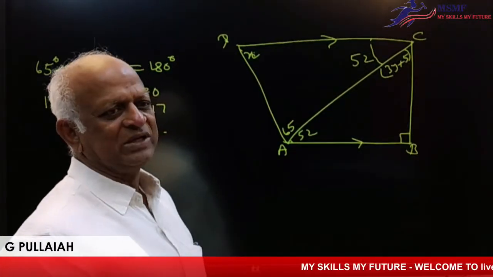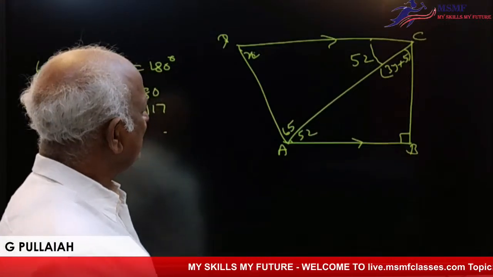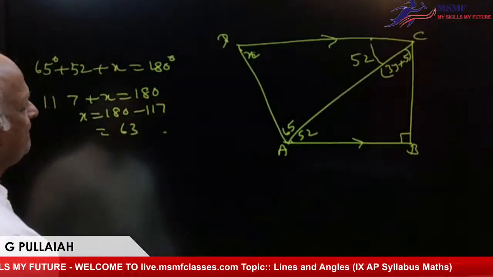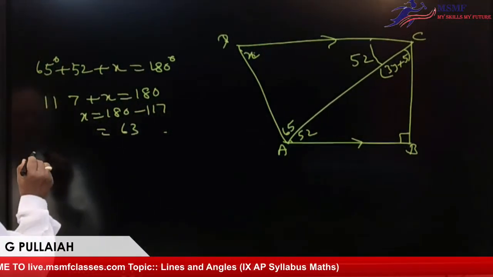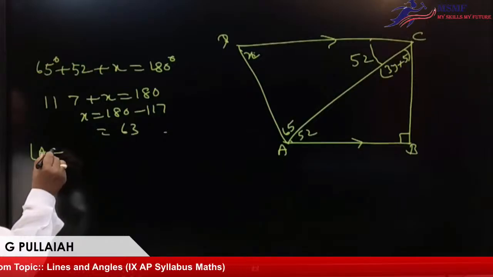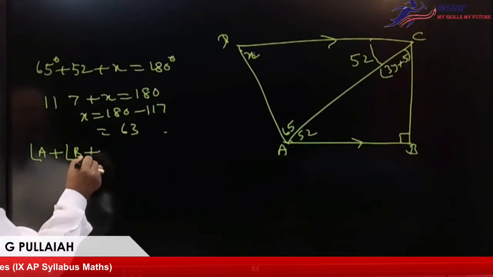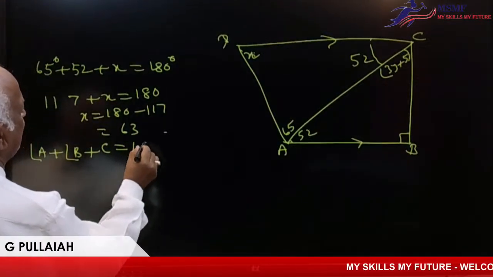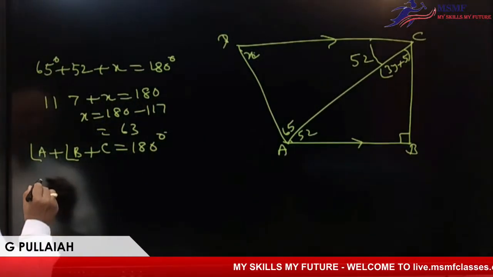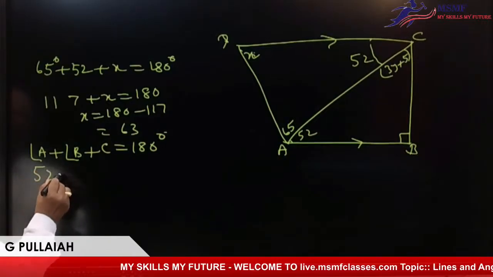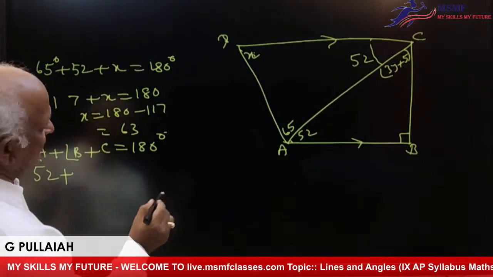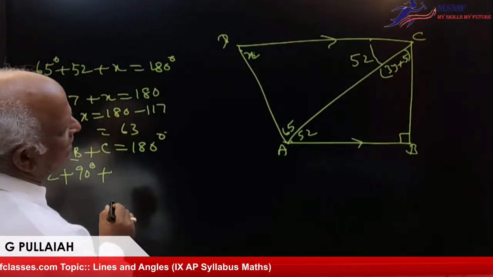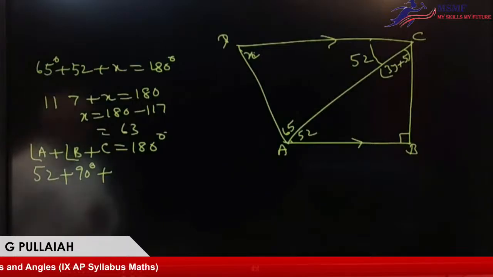It's very easy, because this is the indicator of a right angle. So angle A plus angle B plus angle C, all the three angles put together is 180 degrees. Angle A is 52, angle B is 90 degrees.